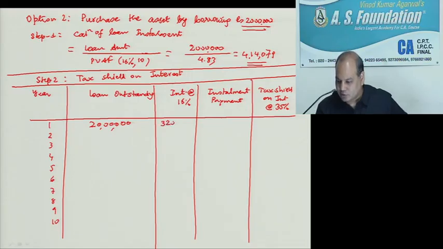So how much interest will you be paying? 3,20,000. How much is the installment? 414,079. And on 320 you will get 35% tax shield. How much? 1,12,000. Is this answer right? 1,12,000. Yes. Now you complete the table first.